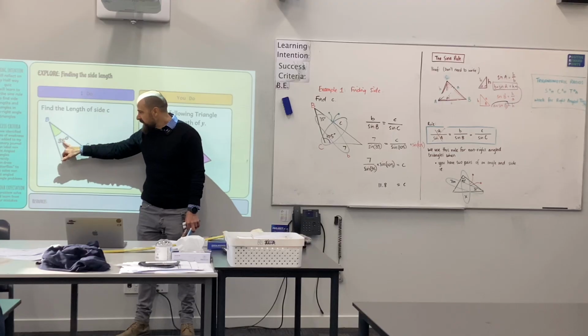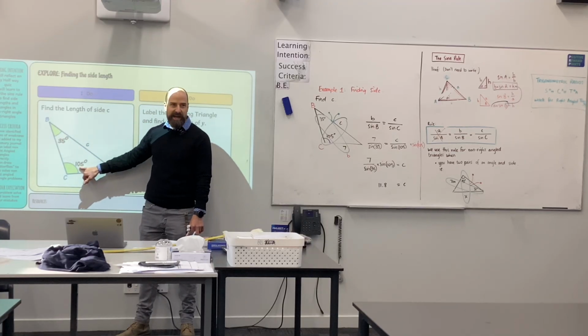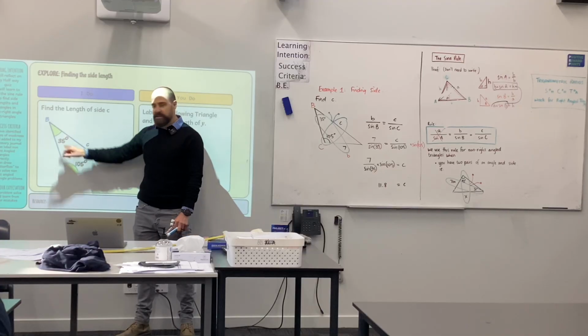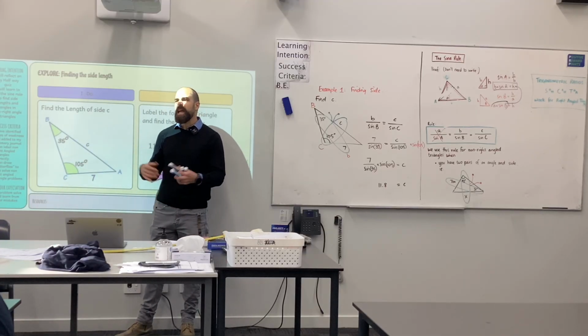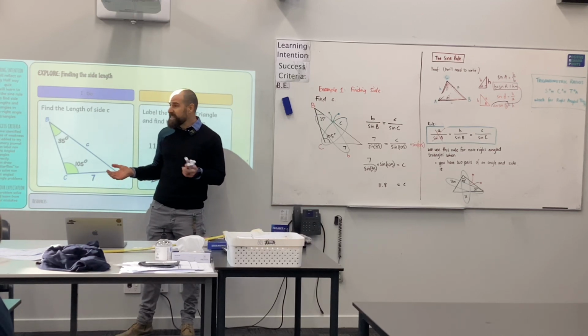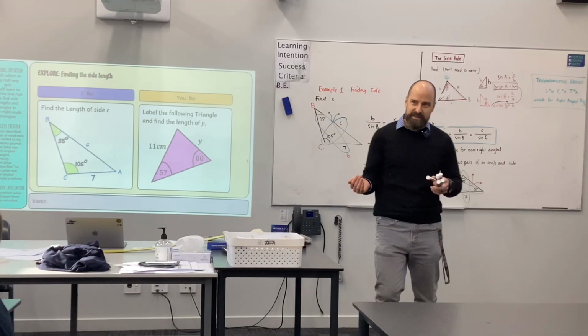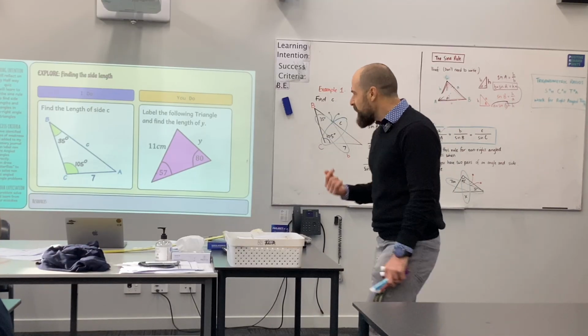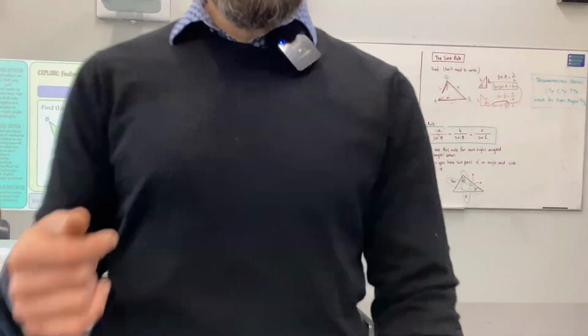So if that's 35 degrees and 7, we're expecting c to be larger than 7 because that angle is larger than 35. All right. If you got an answer like 78, you might go 78 seems a little bit wayward, right? Okay, I'm going to pause the video there. Can you have a go at the second example?